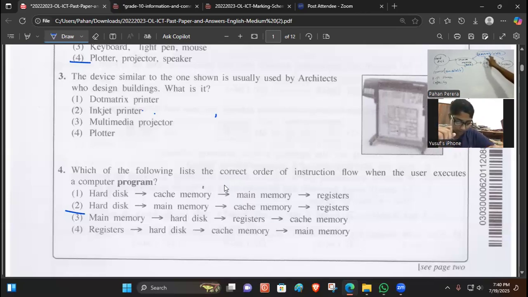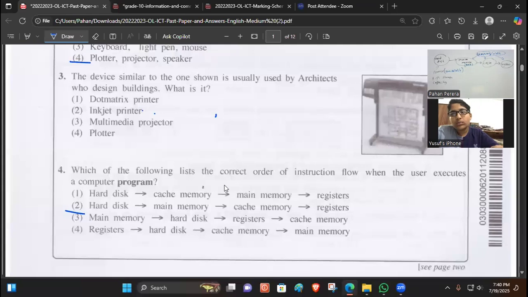If you consider cache memory and registers, cache memory has higher storage capacity than registers, but is slower than registers. Then if you consider the devices from left hand side to right hand side, when you move from left to right, storage capacity gets reduced, but speed gets increased.